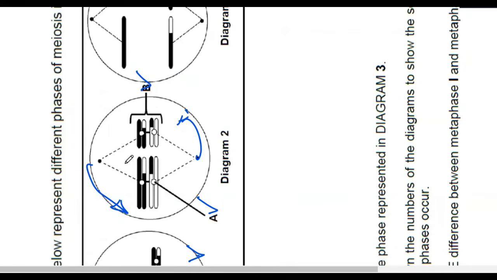These are the spindle fibers and this is the centriole. So these ones are in the middle. That's why you say that it is metaphase. But which metaphase? It is metaphase 1, because these chromosomes are in the middle.